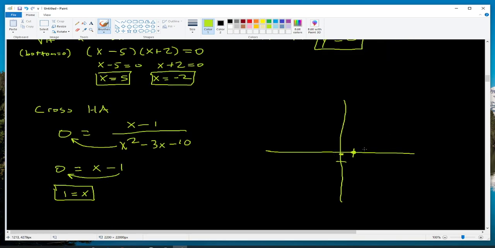We have a vertical asymptote at 5. A second vertical asymptote back here at -2. And our horizontal asymptote is at 0, which runs along the x-axis. So we're not going to draw it in, but we'll just keep in mind that it's running along the x-axis.